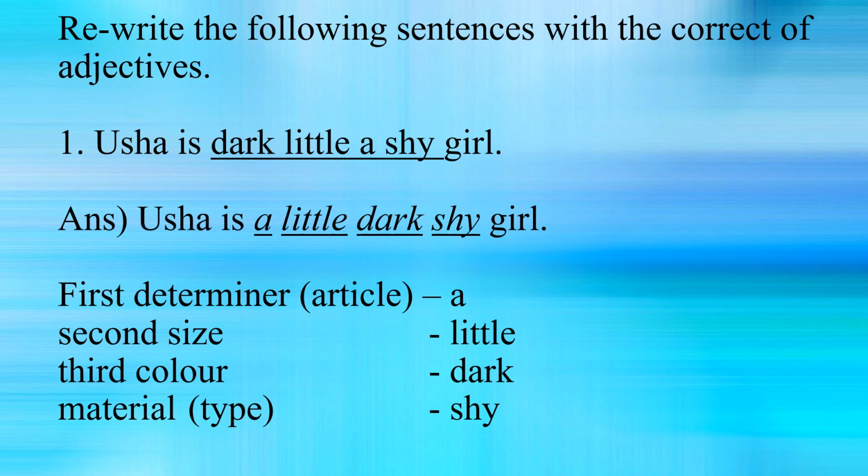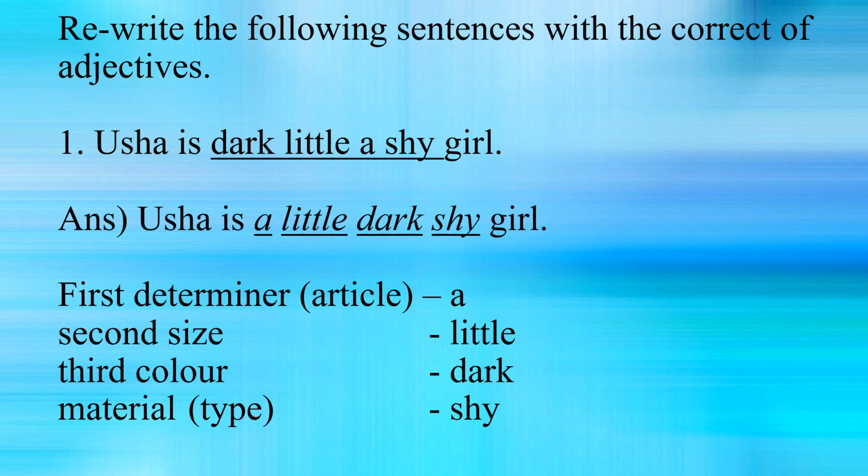The words are adjectives qualifying the noun girl. This is the adjective phrase, but the adjectives are not in proper order. So we know the order. So now let us try to put them in proper order. Usha is a little dark, shy girl.